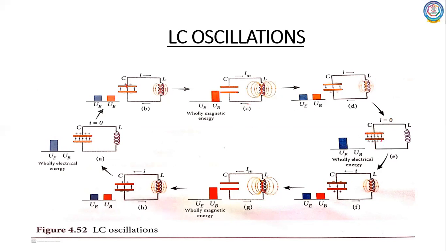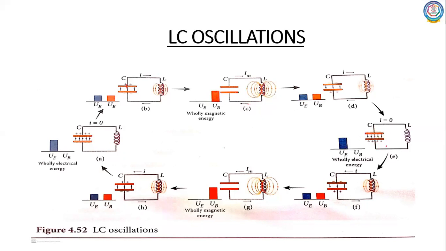Look here, the capacitor is fully charged, but this time in the opposite direction. Compare this with this: here positive is in the upper plate and negative charges are in the lower plate, but here positive charges are in the lower plate and negative charges in the upper plate. So the capacitor is charged in the opposite direction.